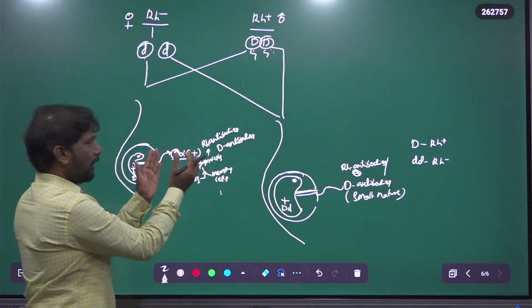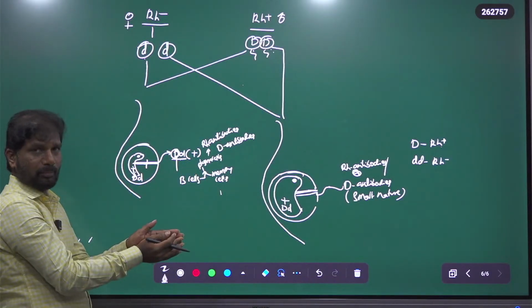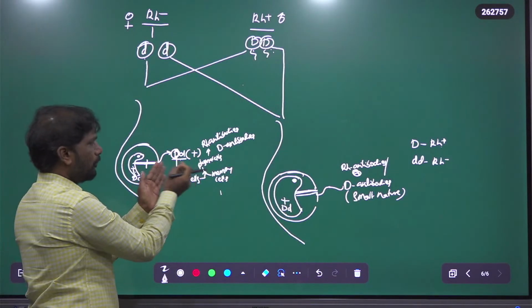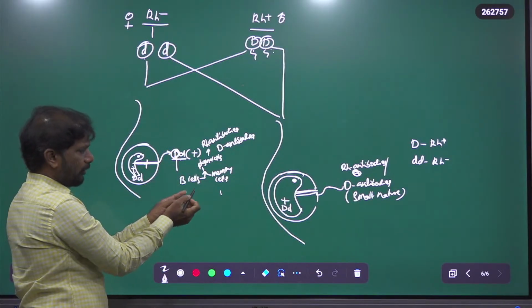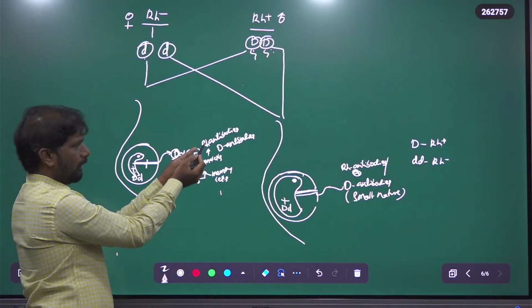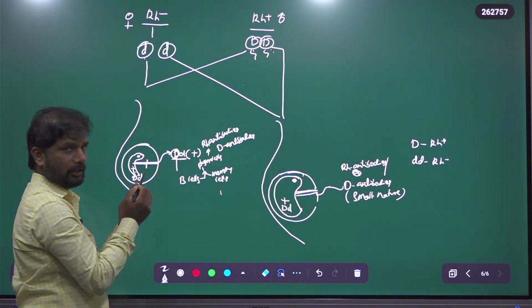After the delivery of the first baby, the mother receives the Rh antigens. Against these Rh antigens, the mother's immune system develops the Rh antibodies, or D antibodies.